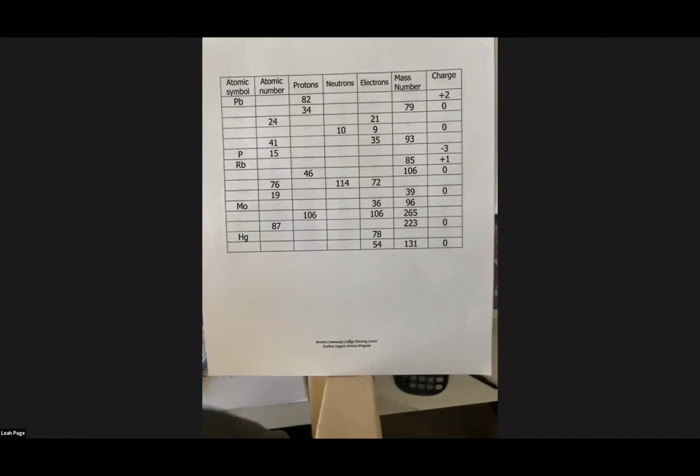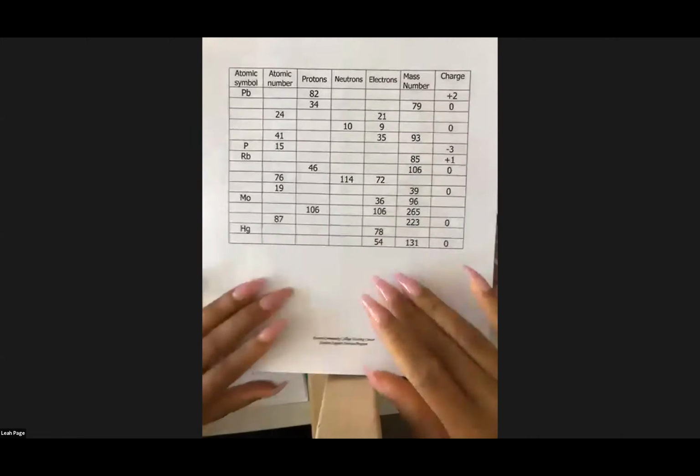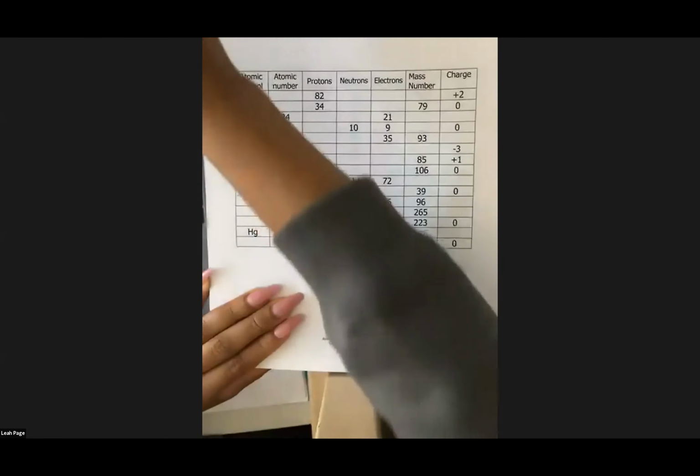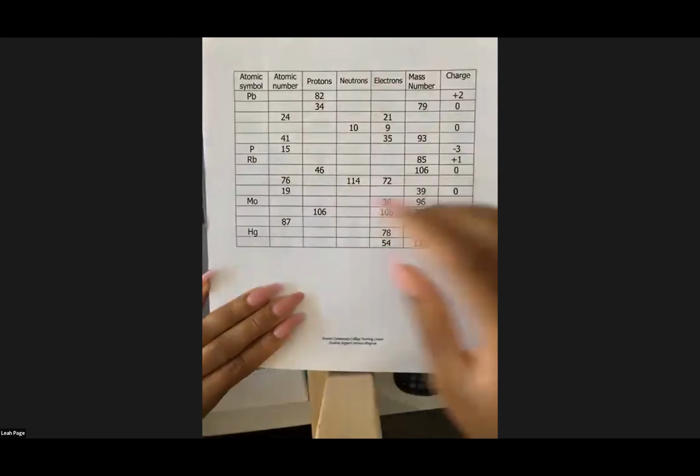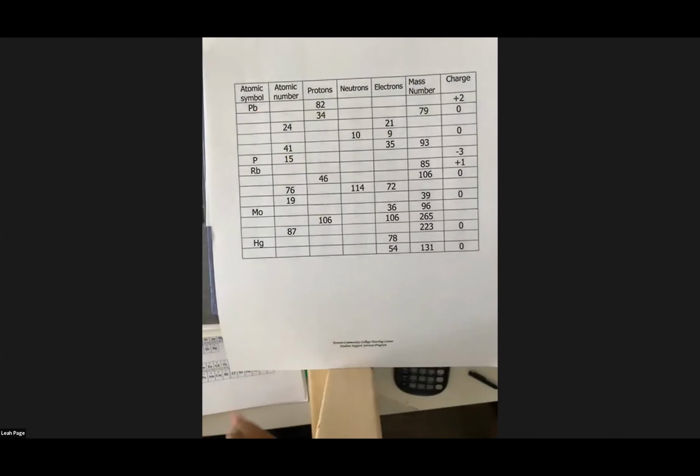All right, so let's go through the first couple together. This first element is PB, which is actually just lead. And so we'd go on the periodic table, we'd look for lead, and lead is number 82.